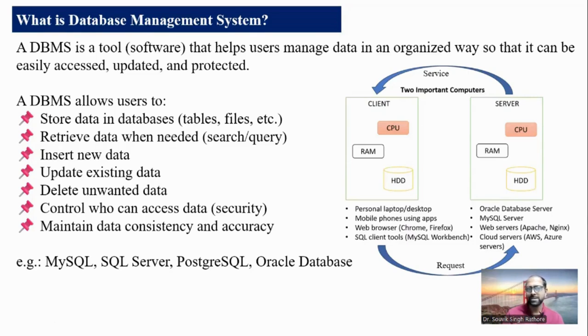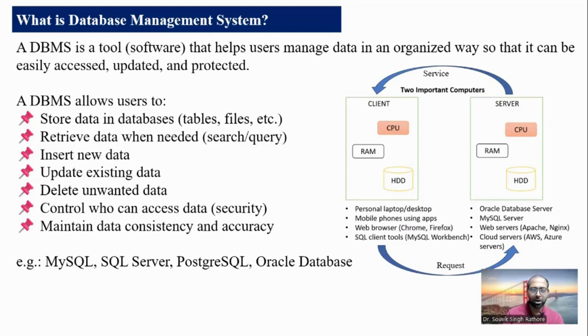But notice something over here. The actual database is usually not stored here. On the right side, you can see another computer. It is called the server. It also has a CPU, a RAM, and a storage device.